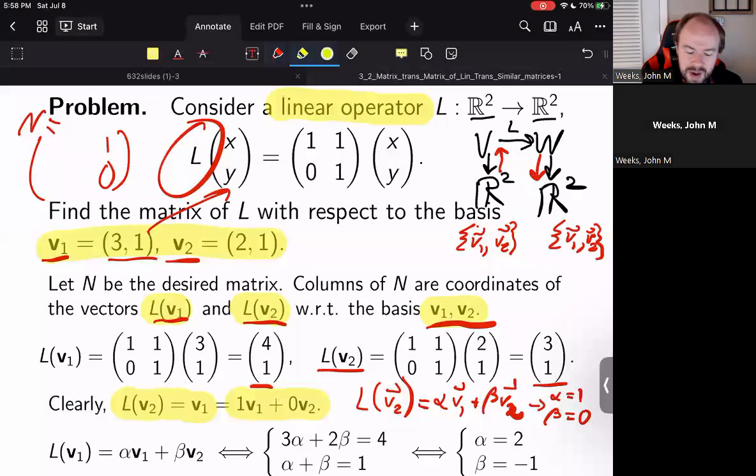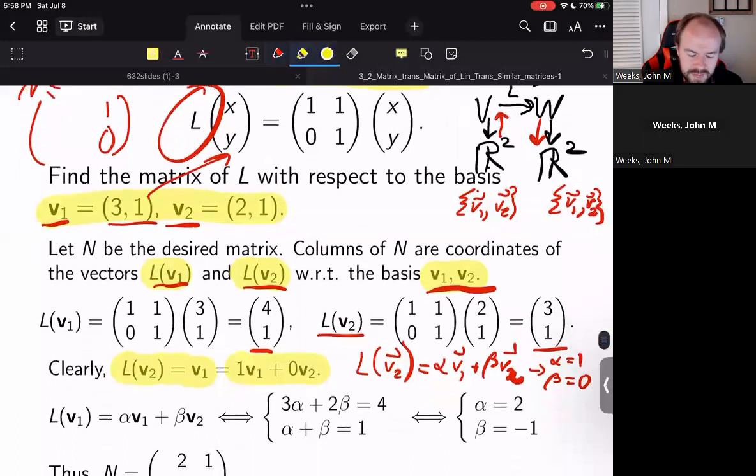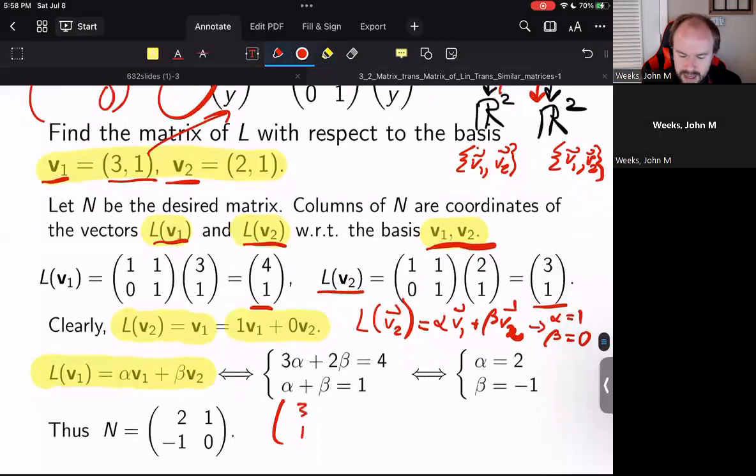Now I need to still figure out what LV1 is going to be in terms of these two basis elements. So I go through and set up a system of equations. LV1, remember, is 4, 1. And since V1 is going to be the matrix 3, 1, and then V2 is going to be 2, 1, I'm attempting to solve the following system, taking the columns V1 and V2, writing them in here, and finding an alpha and beta such that this is equal to 4, 1.